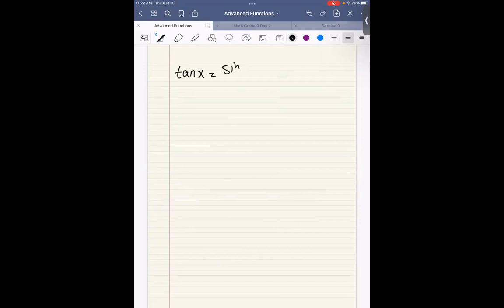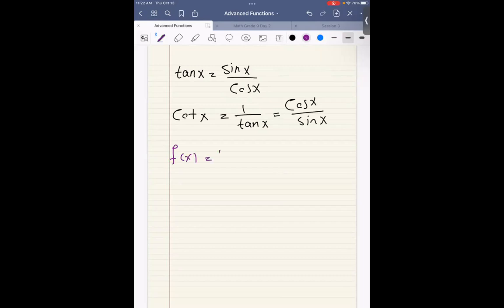Tangent is sine x divided by cosine of x, and cotangent is just the inverse, 1 over tangent, which is cosine of x divided by sine of x. Now we have two new functions. One is f of x equal to tangent of x, and another is g of x equal to cotangent.